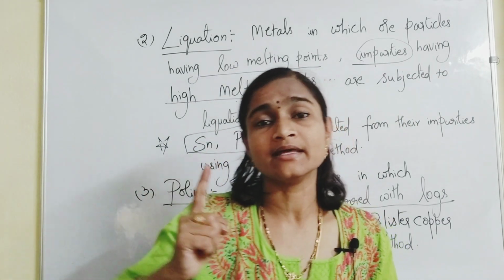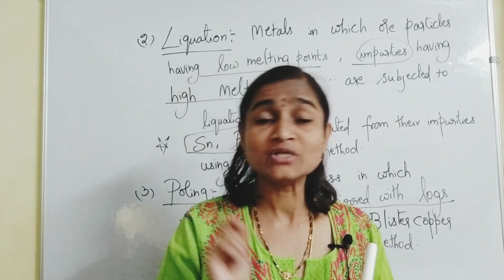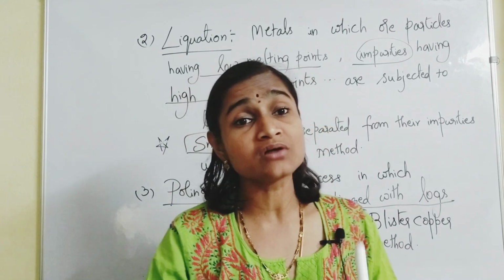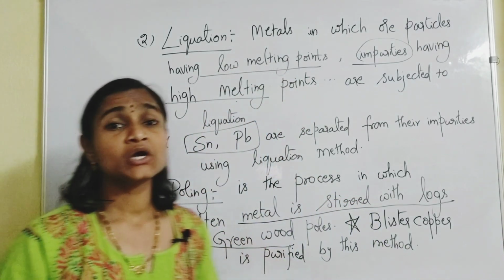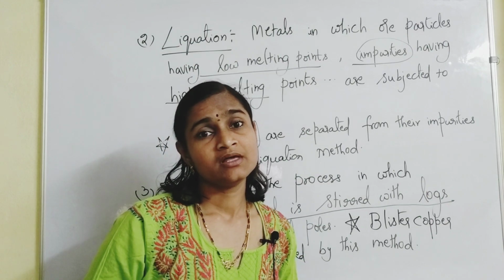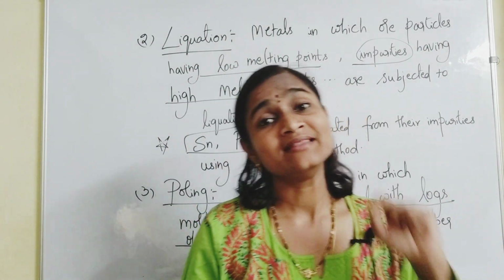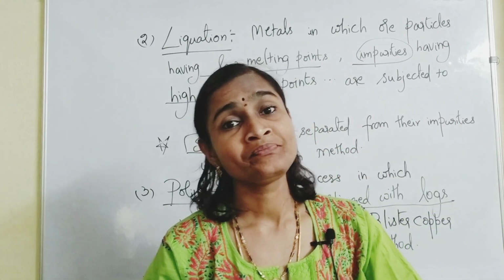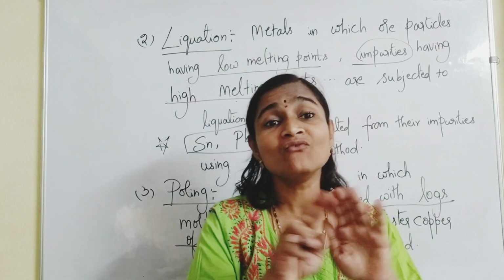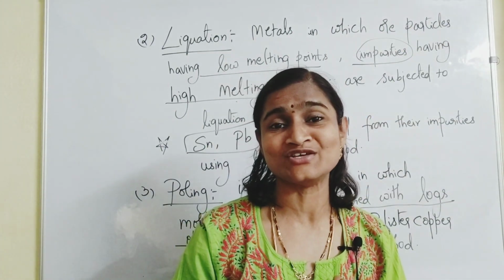One single line is the answer. If you are stirring continuously with logs of green wood poles, the green wood poles will release certain gases into the molten metal. Those gases prevent the molten metal from reacting with atmospheric oxygen.